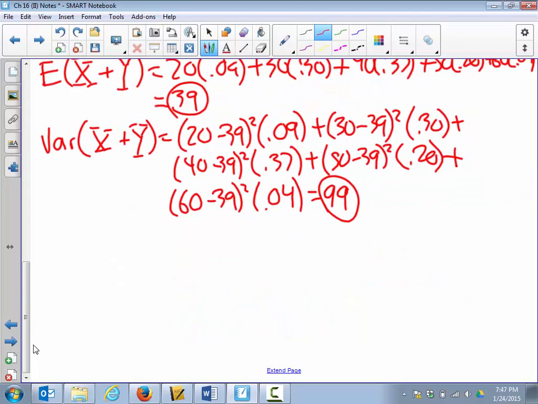So the variance comes out to be $99 in all, which, again, is pretty close to double the variance that we started with.